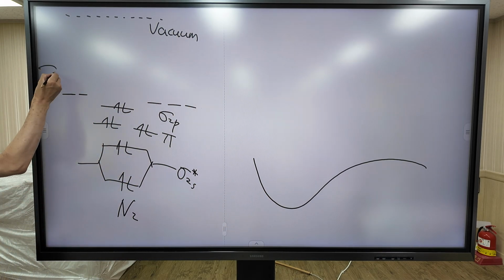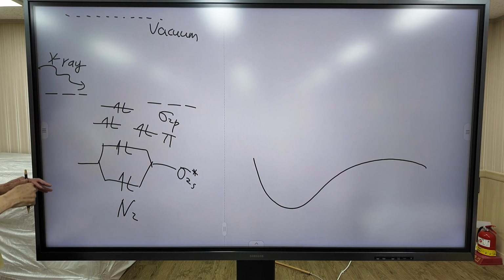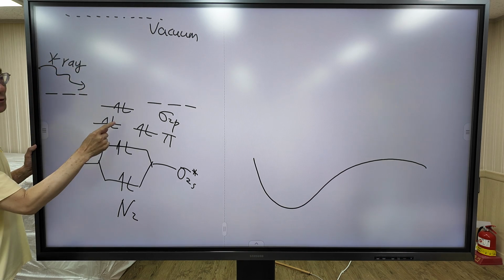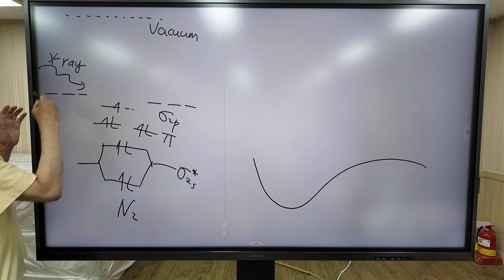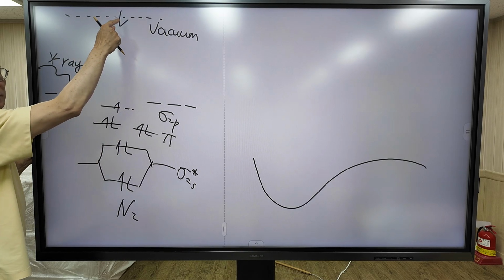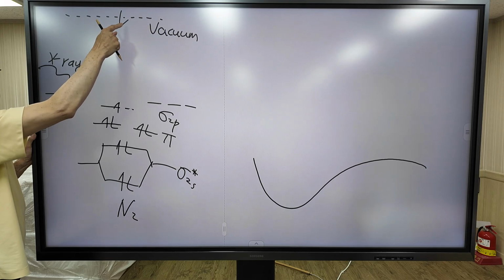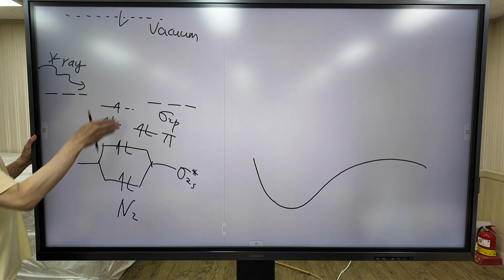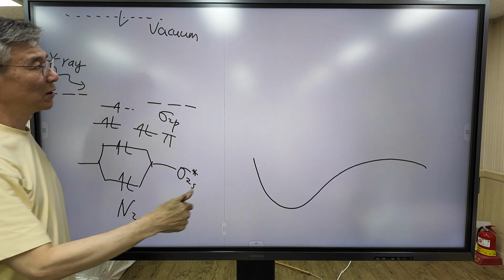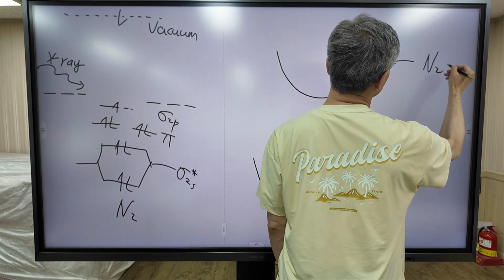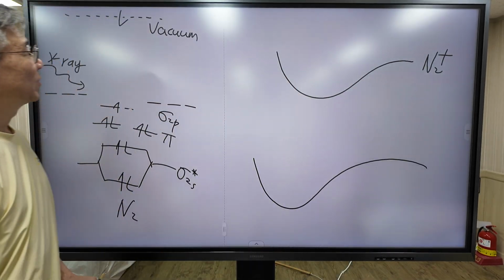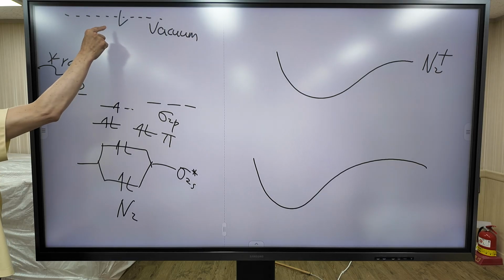And we are going to irradiate X-ray. When the molecule absorbs X-ray, an electron in the 2 sigma 2p orbital can be promoted to the vacuum state, so ionized. With this configuration, we can draw the potential energy curve of the N2 cation because an electron is ionized.